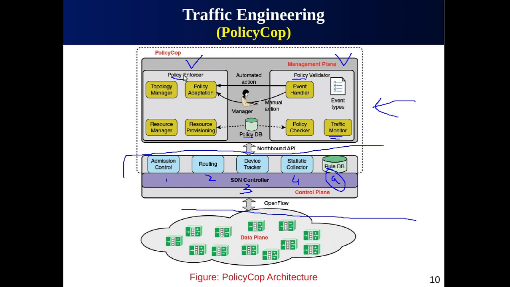Like, it will enforce the policies if violation occurs. And both of these components actually rely on a centralized database. You see, this database has access from the management plane, policy validator plane, and also from the policy enforcement plane. Okay, so it has access from both the modules.